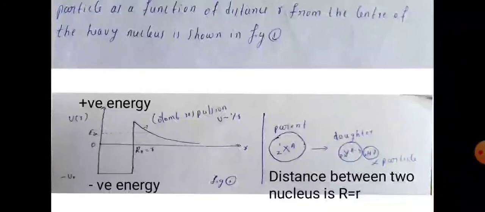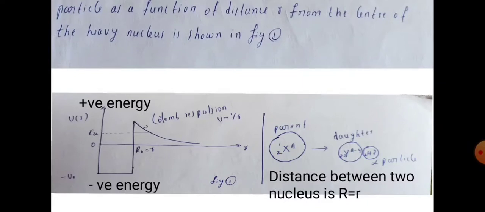Also on the right side we can see a graph of potential energy U of r plotted against distance small r. Here we can see that when the daughter and the alpha particle are at a distance small r equal to capital R, a strong nuclear force exists.